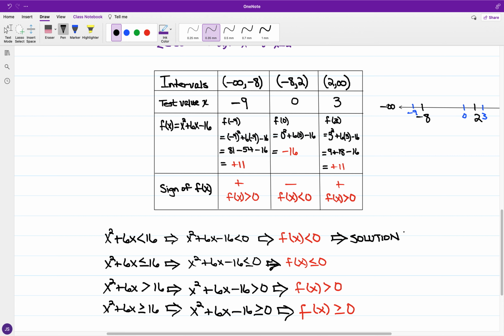So the solution in this case would be those values of x such that negative 8 is less than x, which in turn is less than 2.